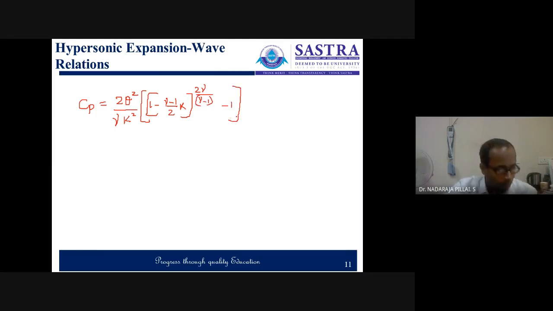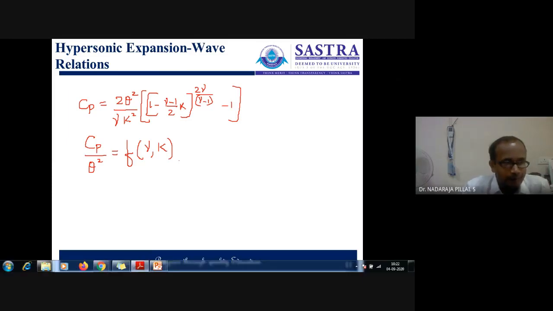Okay, now you see this Cp by theta squared, I can write it as a function of gamma and K. So this is the final expression: 2 theta squared by gamma K squared into 1 minus gamma minus 1 by 2 into K the whole power 2 gamma by gamma minus 1, minus 1.